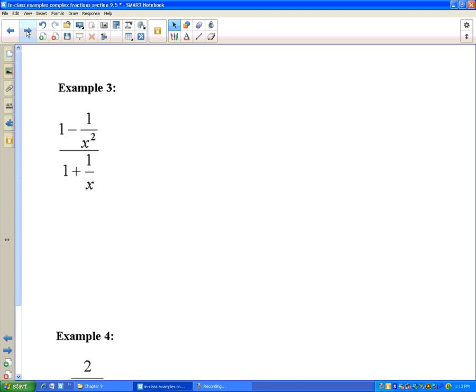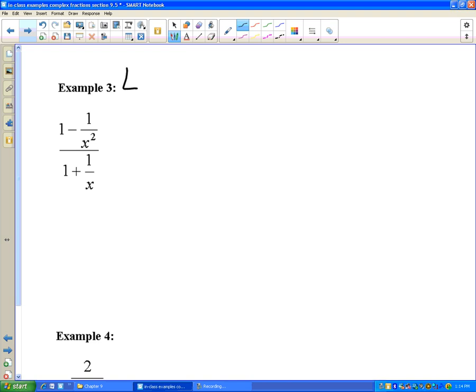Example 3. I have fractions, but I also have fractions within fractions. In my numerator, I have a fraction and a whole number. And that's where multiplying the large numerator and the large denominator by my LCD makes this a little nicer.